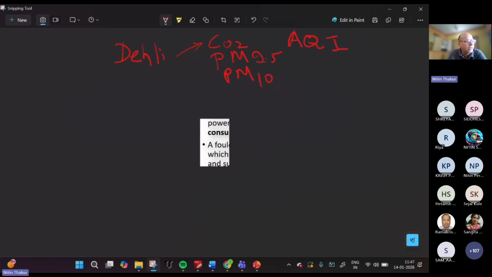So the Delhi government is more and more thinking in that direction, how to reduce or how to make the AQI better. And one of the contributors is CO2. So when they came to us, AB engineers, we did a study on what is really making this air quality, or AQI, really bad.